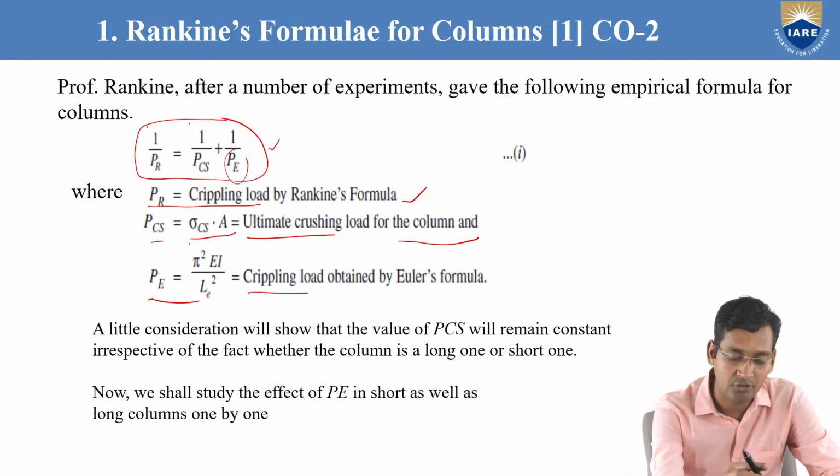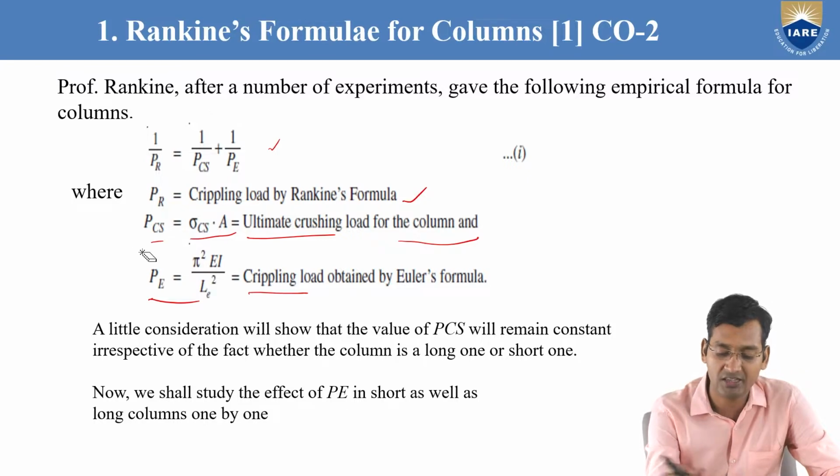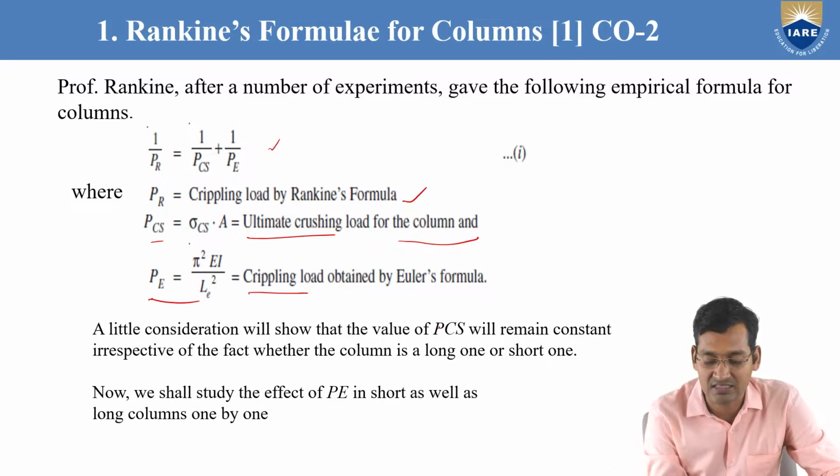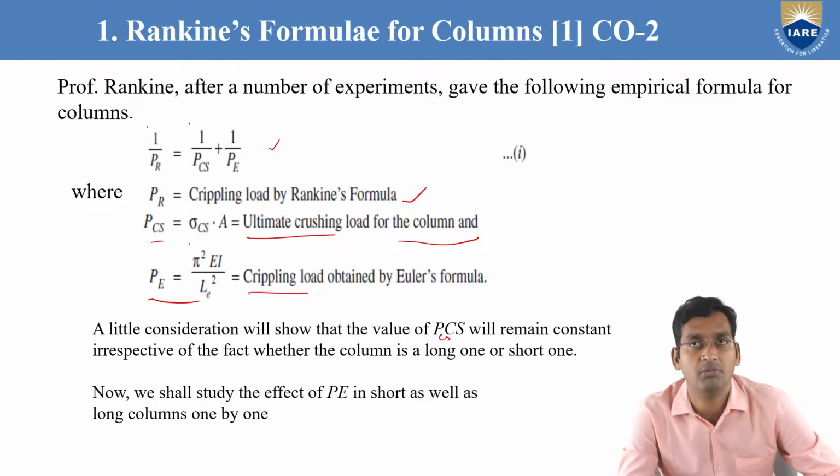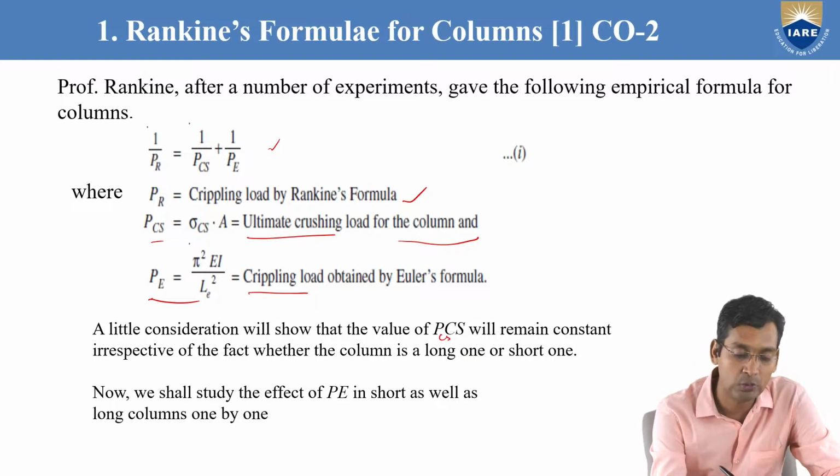Now a little consideration will show that the value of P_CS, the crushing load or ultimate crushing load, will remain constant irrespective of whether the column is a long one or short one. This value will not change, as we already saw in the previous slide.